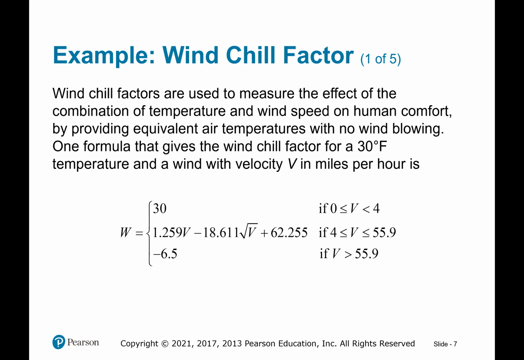But as soon as you go above that 4 miles per hour in velocity, you have a different formula calculating the wind chill. So as soon as it goes above 4 miles per hour, you start feeling it. So the second we go above 4, and anywhere between 4 and 56 miles per hour approximately, we're going to define the wind chill by that second part.